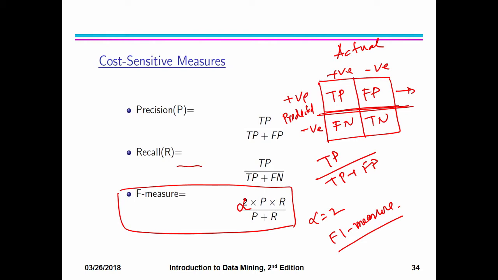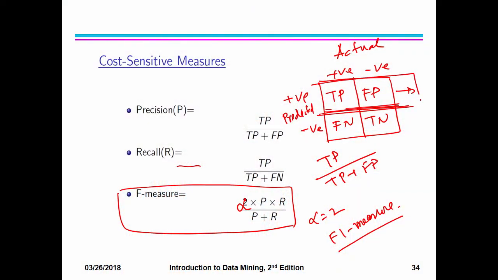Now, what is the recall? Precision is row wise, recall is column wise. So, you have a total of 12 positive class. Out of the 12 positive class, how many objects are identified as positive class by the classifier?